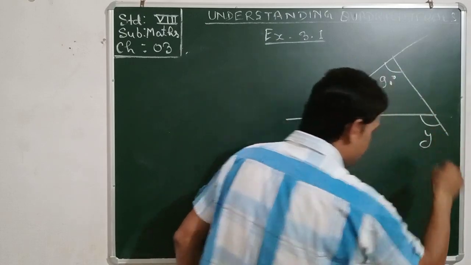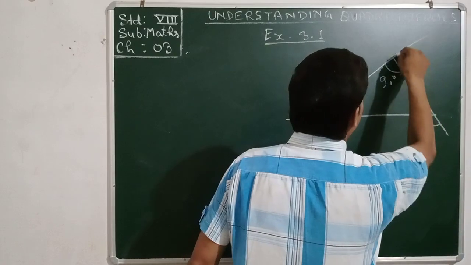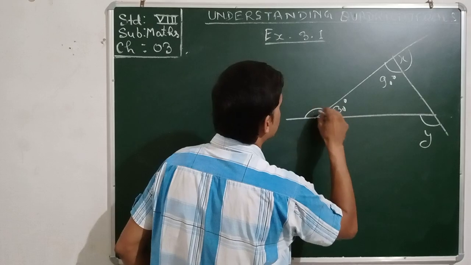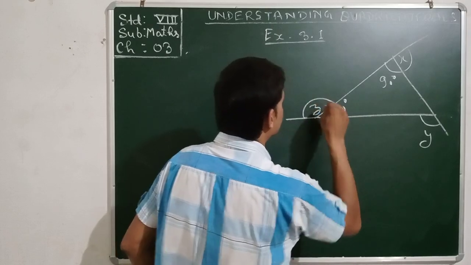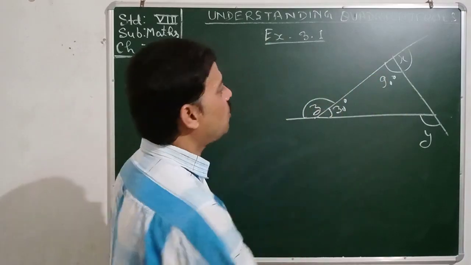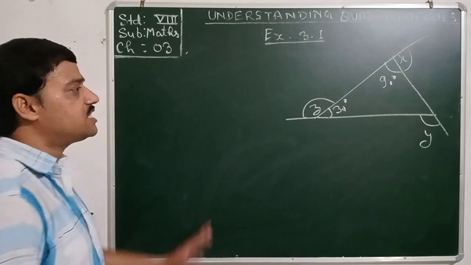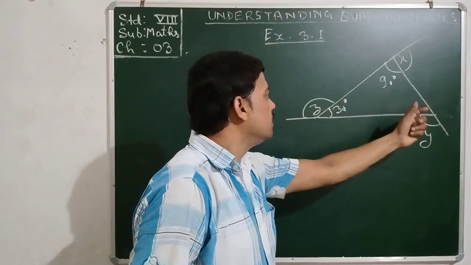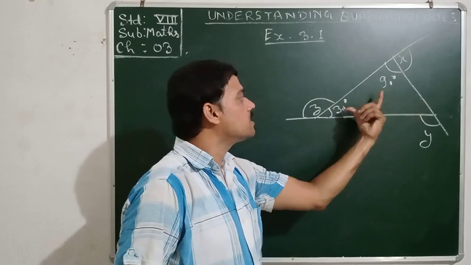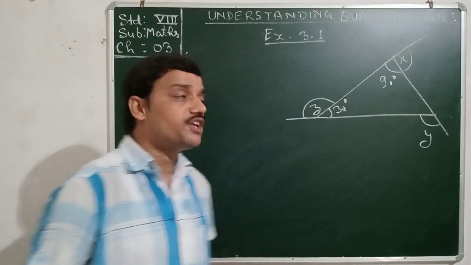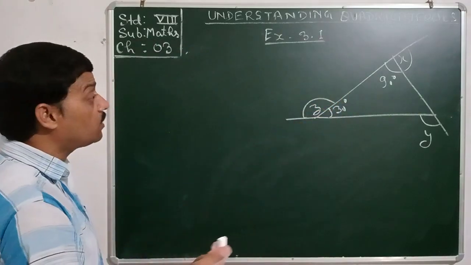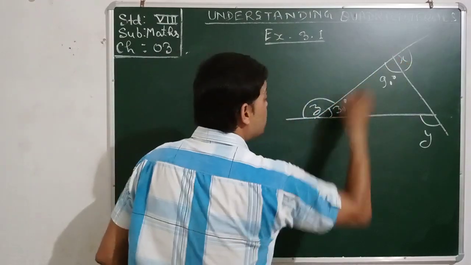And this angle is given as y. Here it is x. And z lies here. We need to find out x, y and z. So first of all, the third missing angle of this triangle we can find out by subtracting the sum of the angles from 180 degrees, and see how we will find the values of x, y and z.